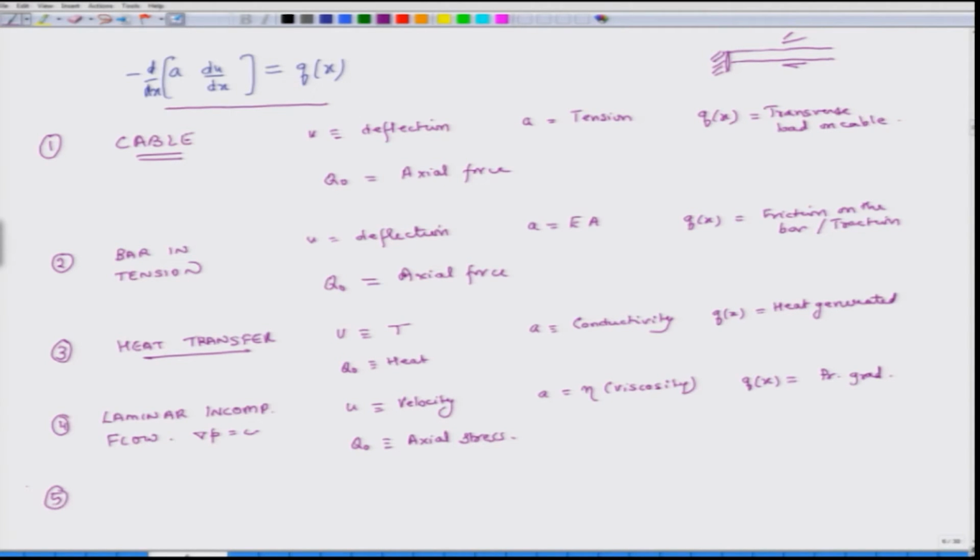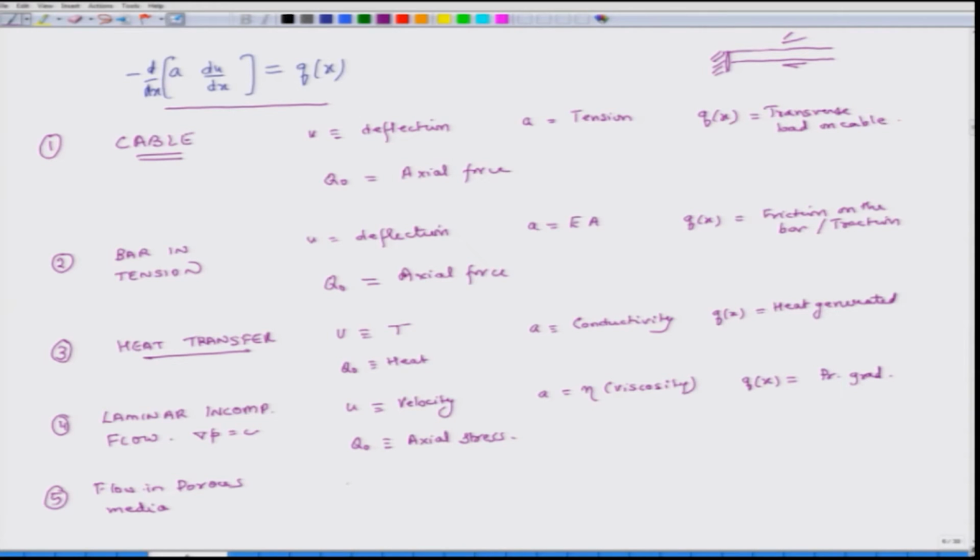This is also good for flow in porous media in one dimension. Suppose you have sand and you are putting water at one side, and how this water moves in this sand. The same equation will help you understand.